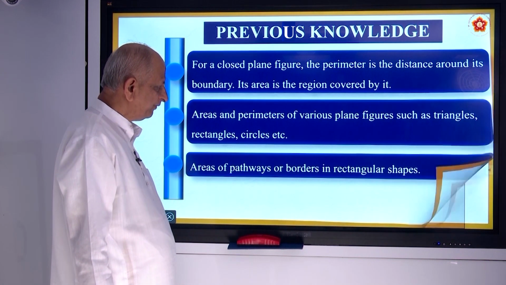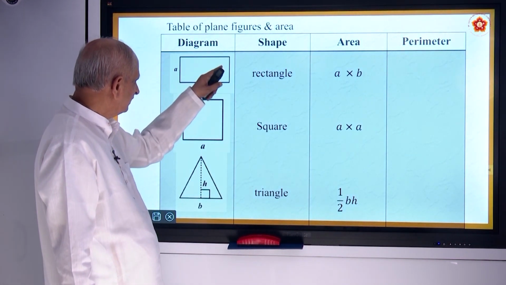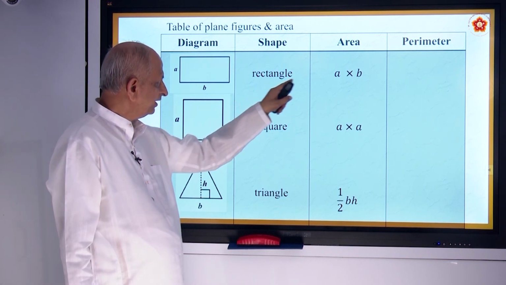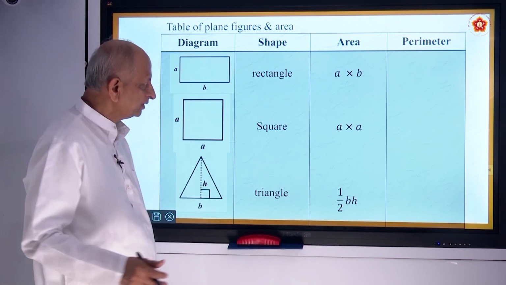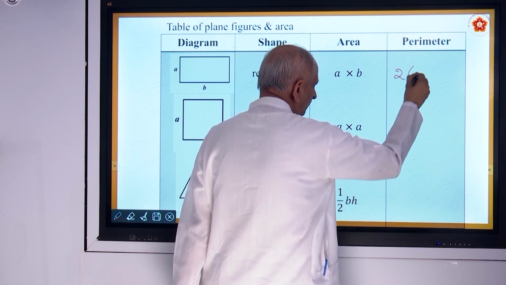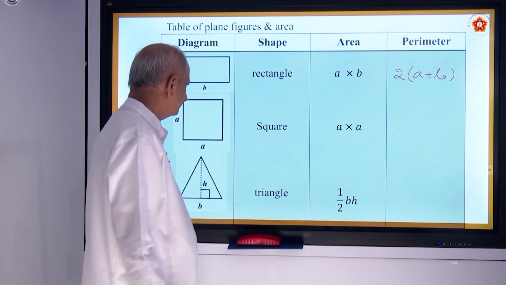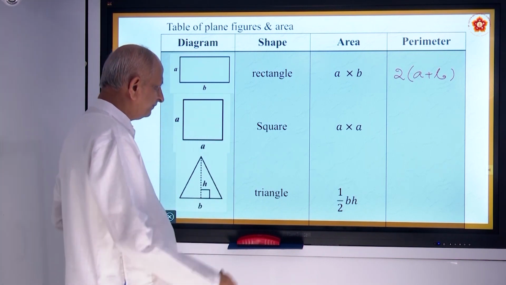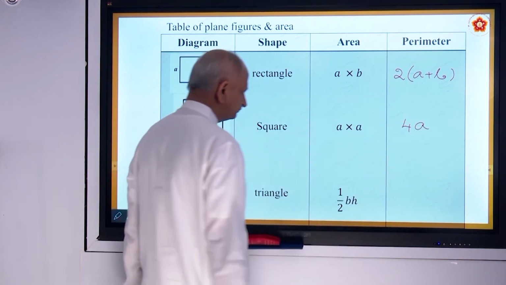Now we will see some important formulas. Already we told it is a rectangle. Area of rectangle, the shape is rectangle. Area is length into breadth. You may note down. Perimeter becomes 2a plus 2b, or you can write 2 into (a plus b). That is the perimeter. In case of square, area is a into a, a square, and the perimeter becomes 4 into a, 4a.